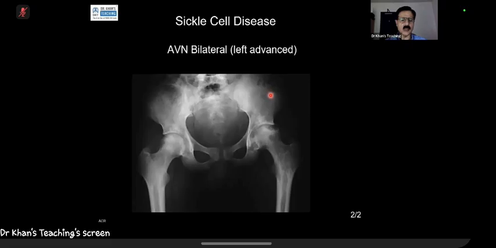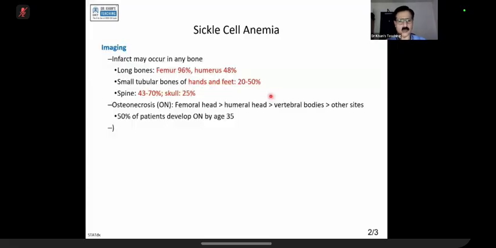So the hint is that something is wrong, and this is a case of avascular necrosis secondary to sickle cell disease.